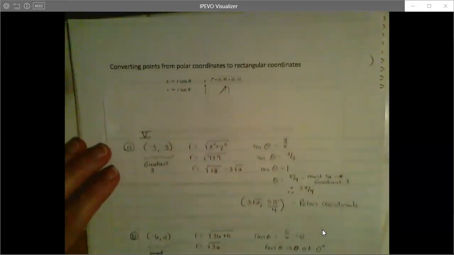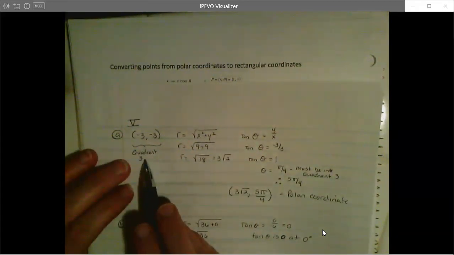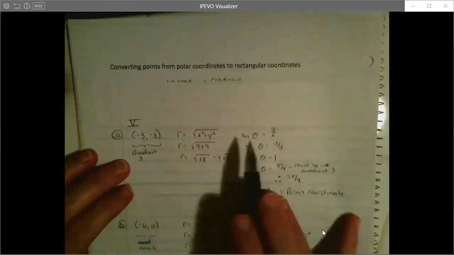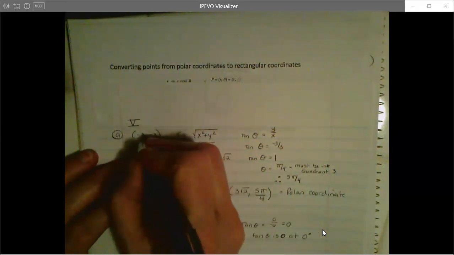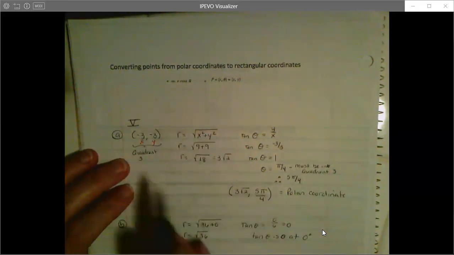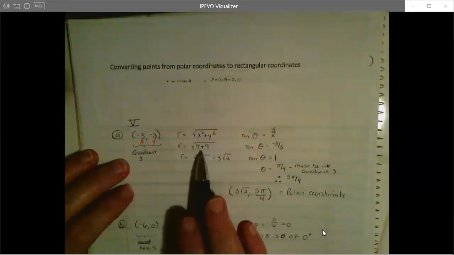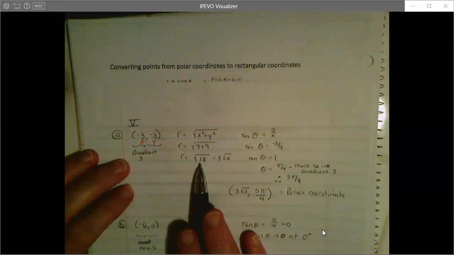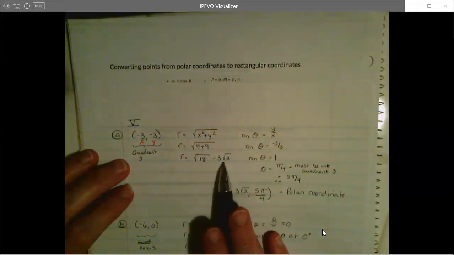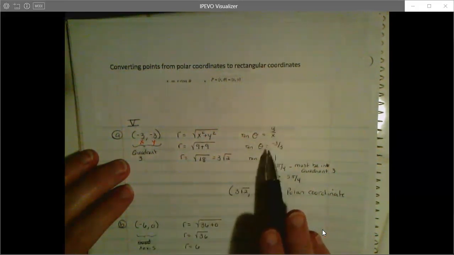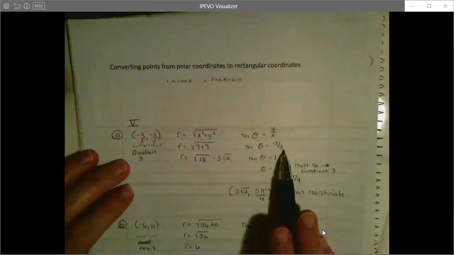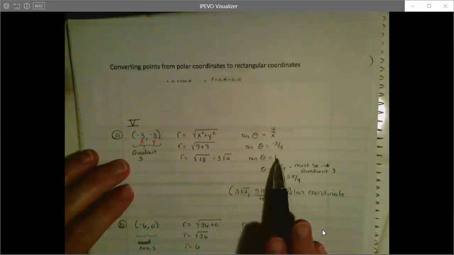All right, our first example, we have the ordered pair -3, -3, which is in quadrant 3. Our first step is to do the Pythagorean theorem to figure out r. This is x, because remember we're in rectangular and we're trying to go to polar. This is x and this is y, so x squared plus y squared. We get square root of 18 is r, which is the same thing as 3 square root of 2. Then we need to know what theta is. Tangent of theta is y over x, so it's -3 over -3, which is 1. Where is tangent equal to 1?